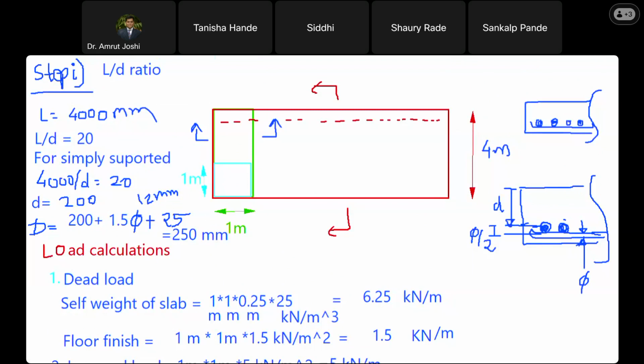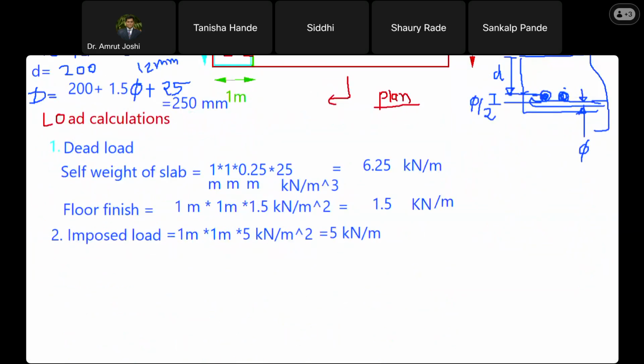What does this dotted line represent? There is a beam below. So this is the plan. In plan, on two opposite edges, we have beams. And if I take the section like this, which is marked in red color, what do I see? I see those two beams.